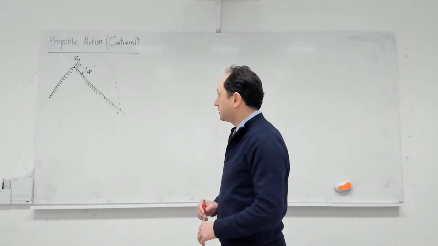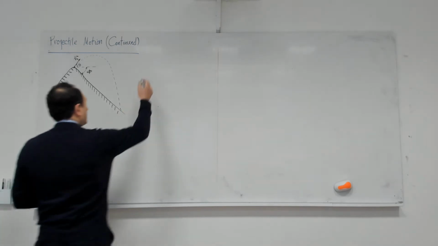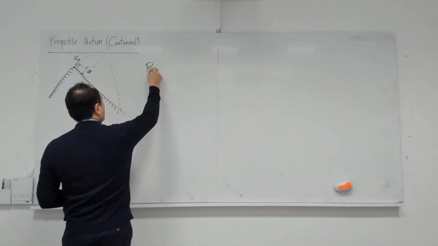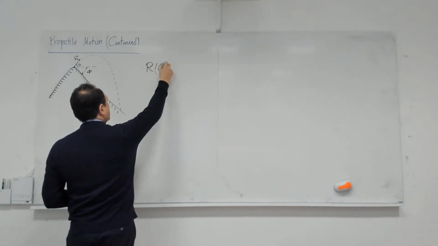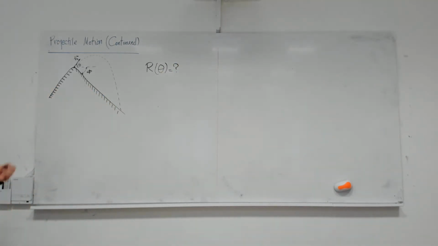We want to find, let me call the range R, yes? Let me call the range R, and I want to find it as a function of theta. If I can do that, then I can use the tricks we learned in Math 4 to optimize this quantity. Okay, so this is the first thing.